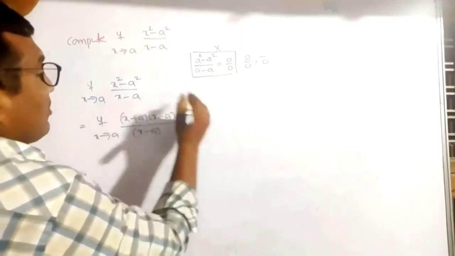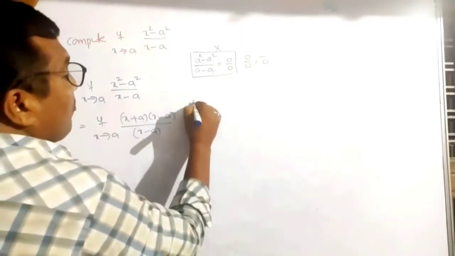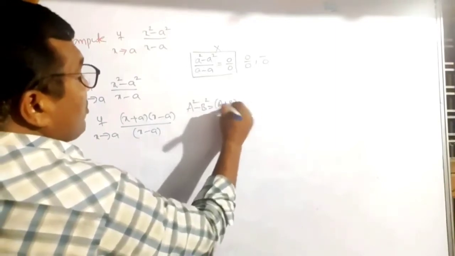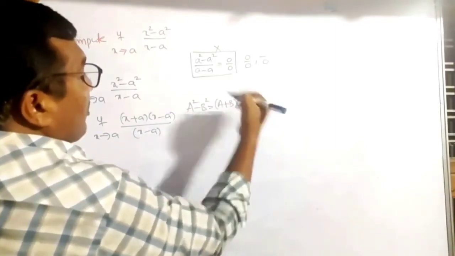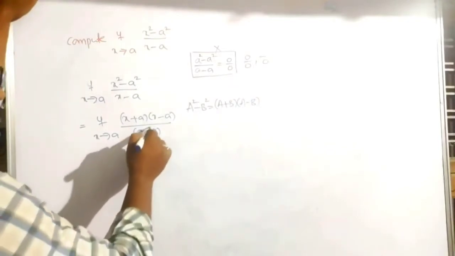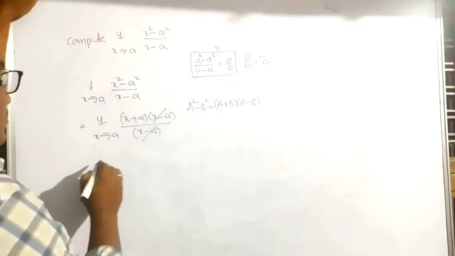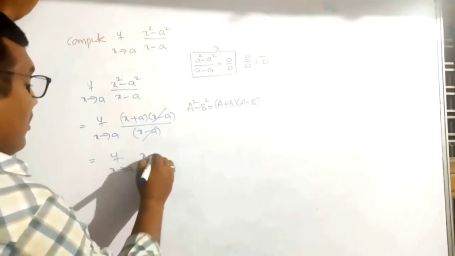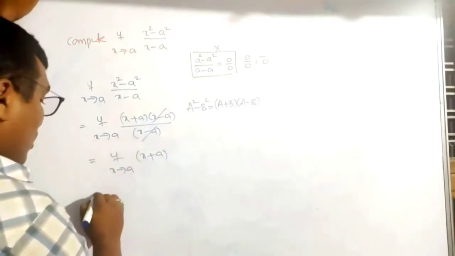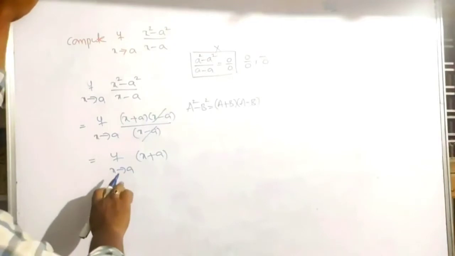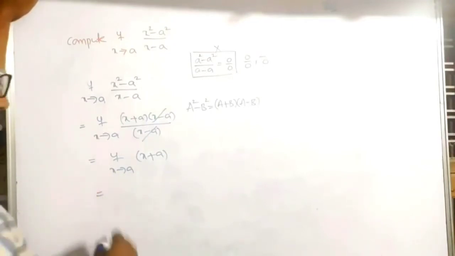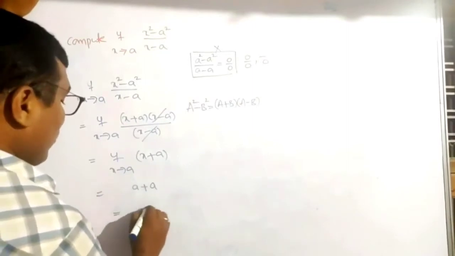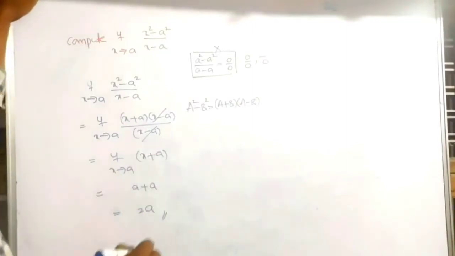I have applied the formula a square minus b square is equal to a plus b into a minus b. Now x minus a gets cancelled, then we get the limit as x approaches a of x plus a. Now after taking the limit, we write a in place of x. It becomes a plus a, that is 2a. So this is the answer.